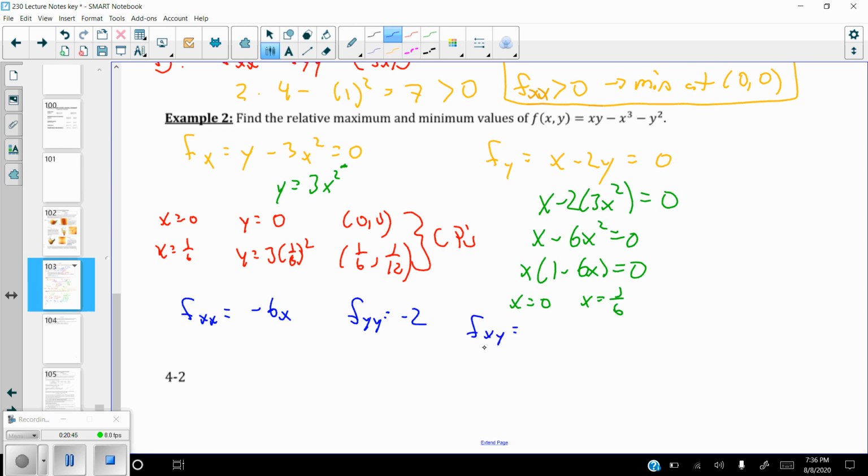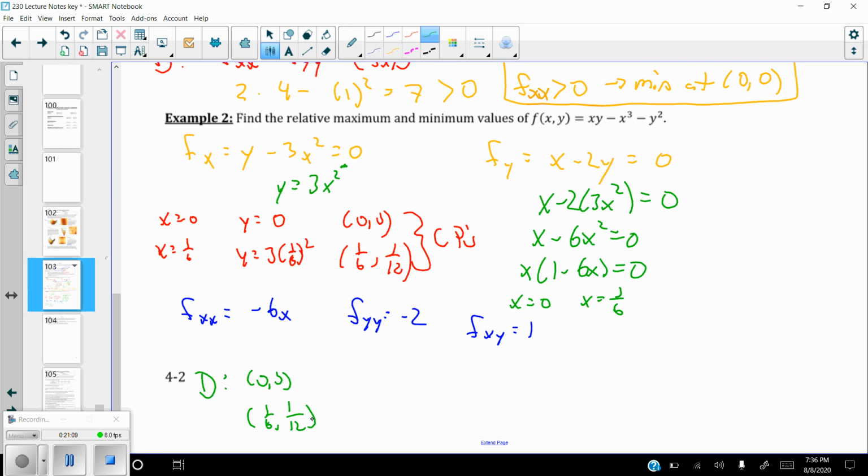And then fxy is just going to be 1. But we are going to have something to plug in. So when we do our D chart this time, I've got to do D for both points, (0, 0) and (1/6, 1/12). All right, so let's go ahead and work this out.